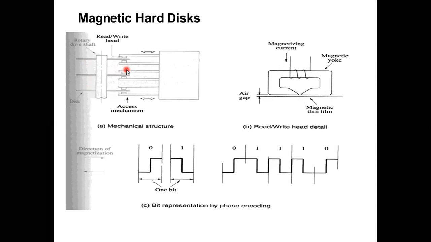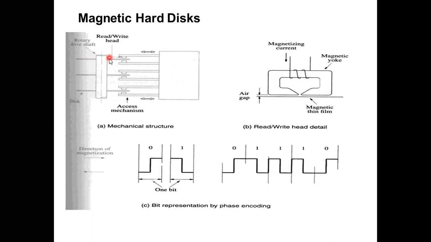All read or write operations can be accomplished with this access mechanism. We have a read-write head for both sides of the disk, a separate read-write head on the upper side and on the back side.